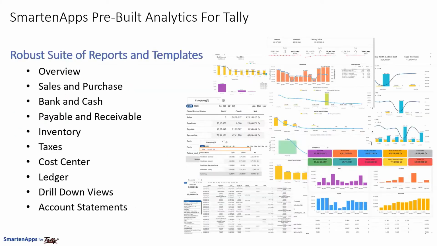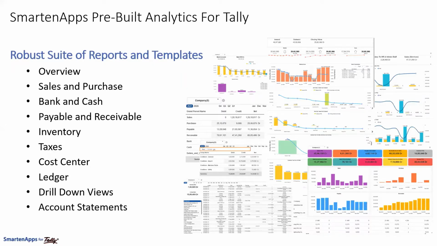So in terms of the scope, I'm going to show you this in the actual tool as well. I'll just quickly go through what we have covered. We have covered the major areas right from overview or snapshot of your business, sales and purchase, bank and cash, payables, receivables, inventory, stock, taxes, cost center, group and cost center, ledger-wise analysis, and ledger details.